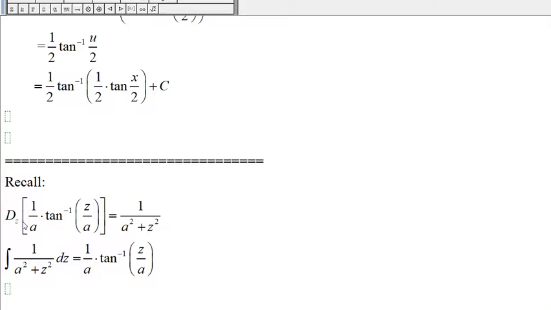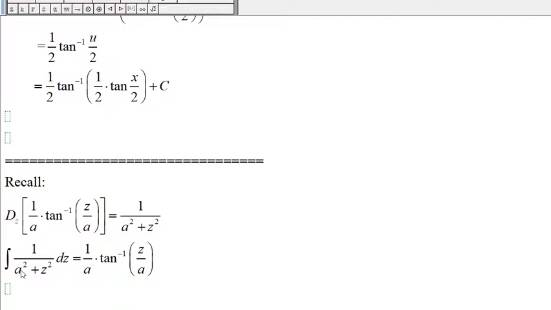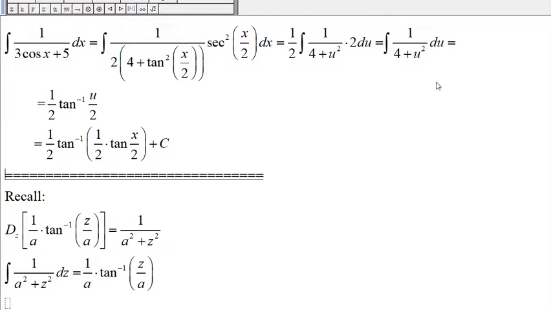Recall that the derivative of 1 over a times tangent inverse of z over a is 1 over a squared plus z squared. And so the antiderivative of 1 over a squared plus z squared is 1 over a times tangent inverse of z over a. Here we have 1 over 4 plus u squared.